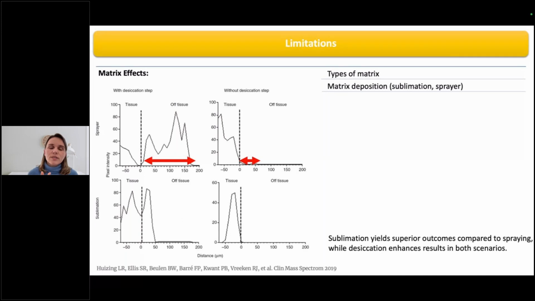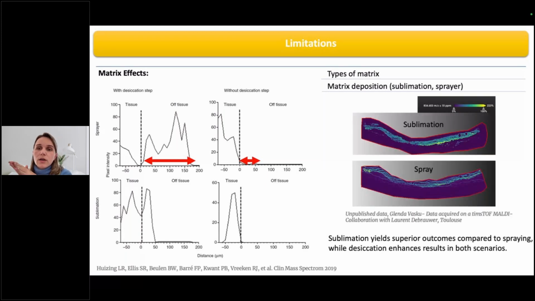So desiccation is important because it will evaporate all kinds of solvent traces that are present. And we can see that if we do the sublimation and the desiccation step, our lipid signal will stay within the tissue, and we are sure that the lipid signal that we obtain will be on the surface of the tissue, localized where it really is.